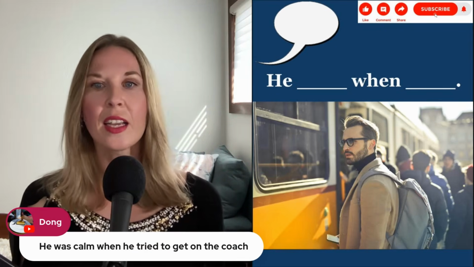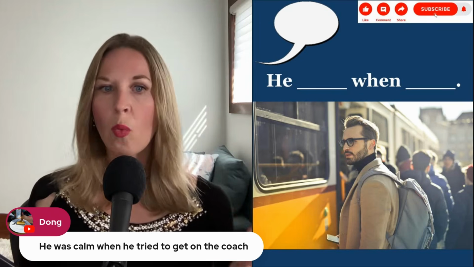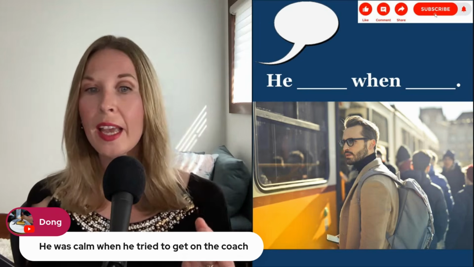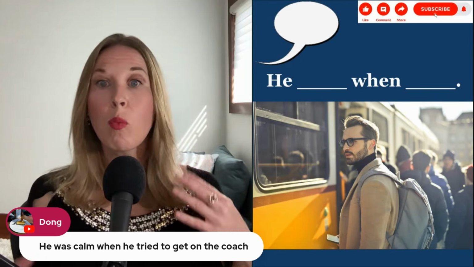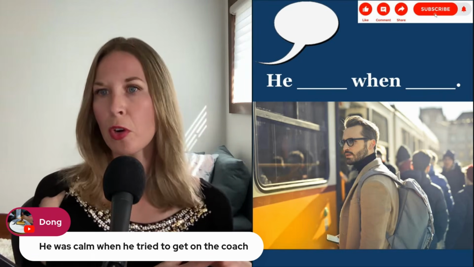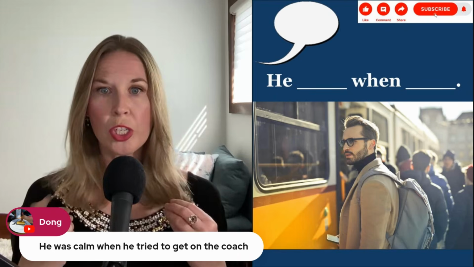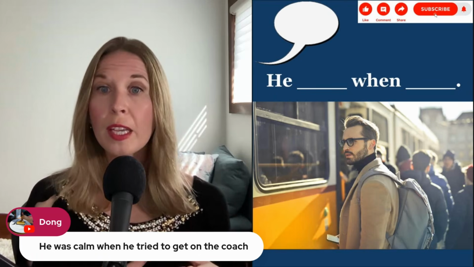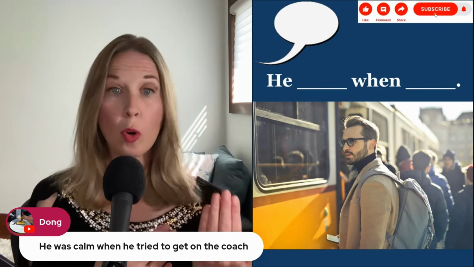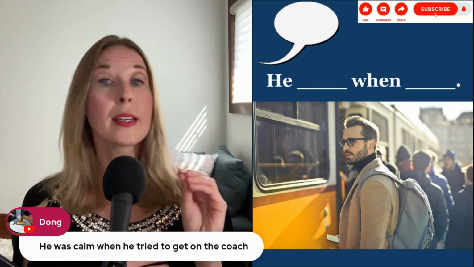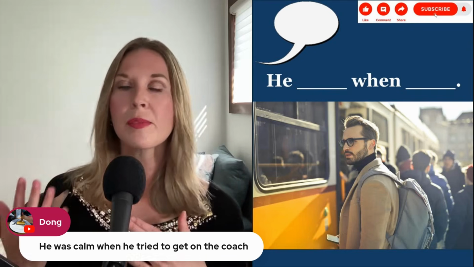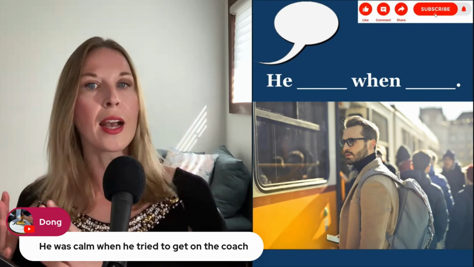Dong said he was calm when he tried to get on the coach. Yeah, very nice. So he was calm. Again, when we have state verbs, an emotion, a state of being, often we will put it in the past simple. Sometimes it's required because the verb does not conjugate in a continuous form, and other times it just sounds better to see it as a state.